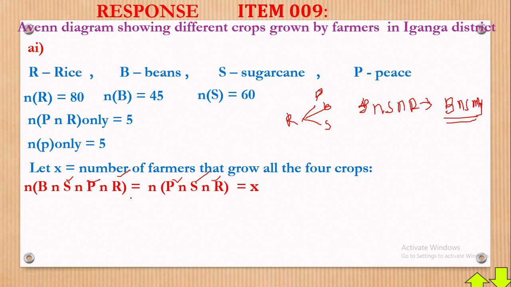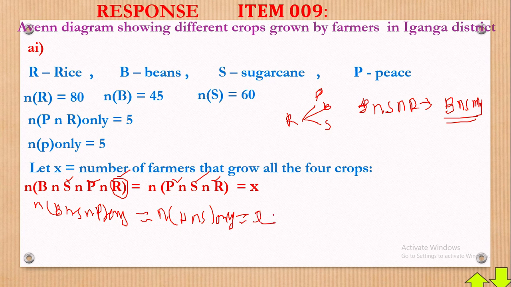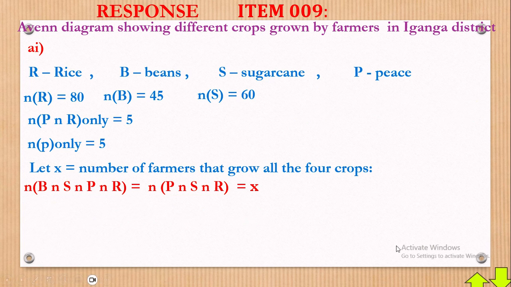So this can be a number in beans intersection s intersection peas, then you add the word only, must be equal to the number in p intersection s, then you add the word only. That's the implication, is equal to x. And with that we have analyzed the logic part, the first part so far. Let's go and make a follow-up back to the question.